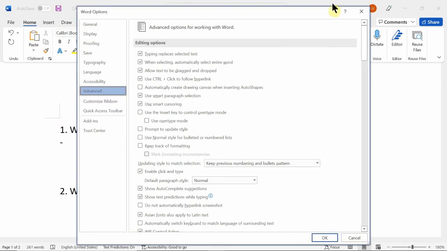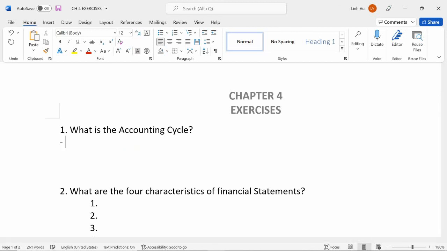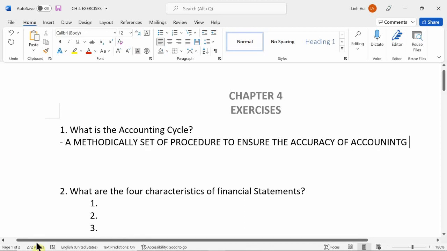It is a methodical system, set of rules to ensure the accuracy and conformity of financial statements. Good, right? It's a methodical set of procedures to ensure the accuracy of accounting. Good. All right.